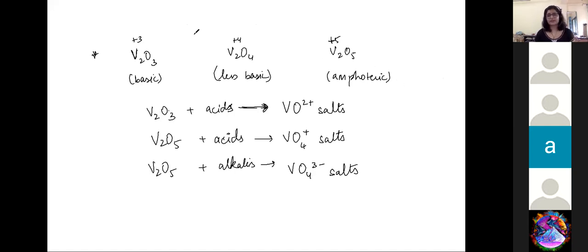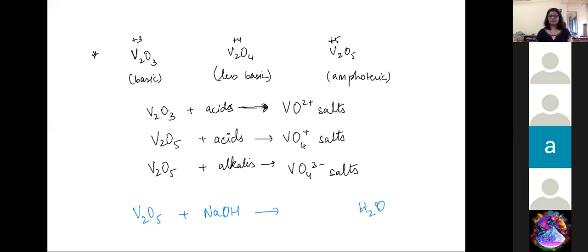So in case you're given any equation of the form, if vanadium pentoxide is reacting with NaOH, sodium hydroxide, then what salt is going to be formed? Can you predict that? So let's say I'm giving you an equation, vanadium pentoxide reacting with NaOH. Acid plus base gives salt plus water.